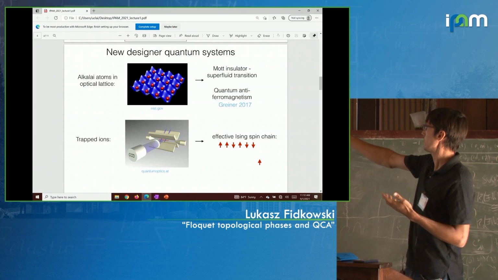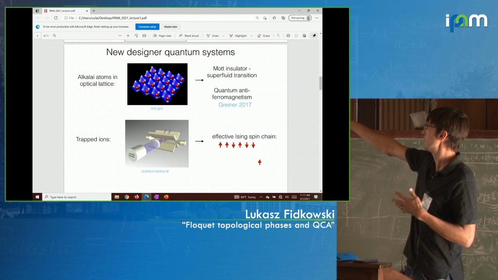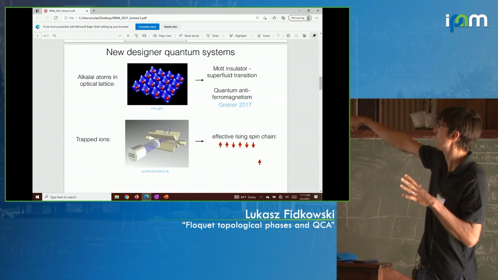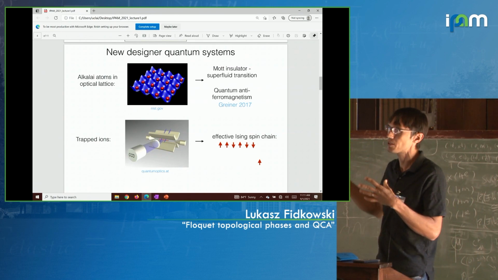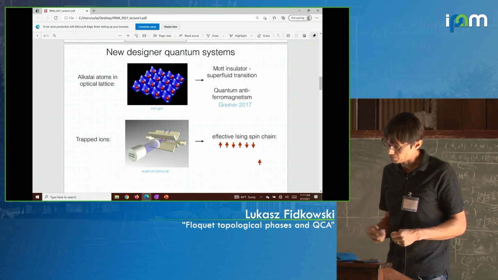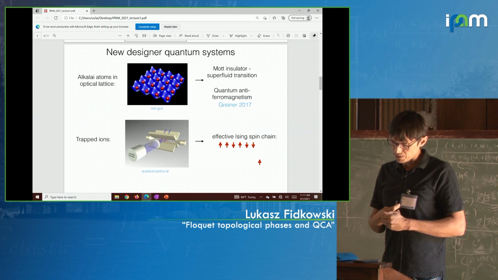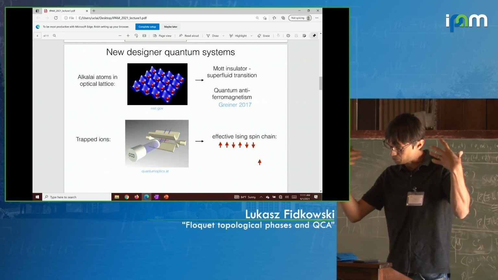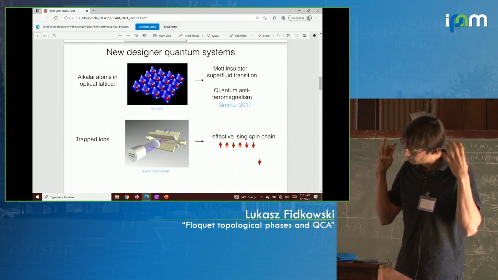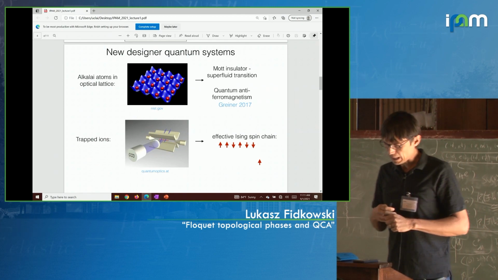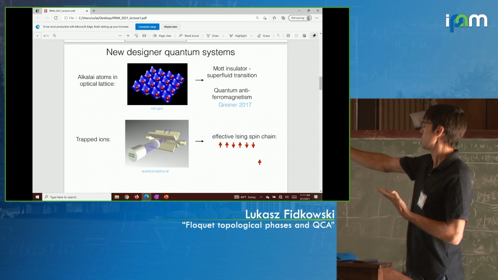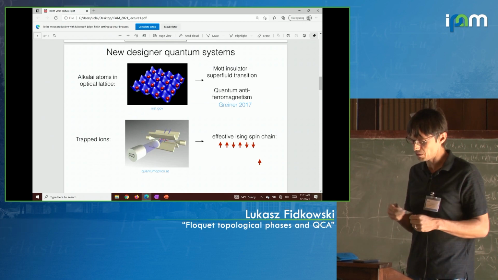And in fact, pretty early on, people saw you could realize a Mott insulator to superfluid transition in this kind of setting. So these have a lot of promise for many-body quantum phases. There are no extraneous degrees of freedom, no phonons, no lattice vibrations. So these are nice isolated quantum systems. Similarly trapped ions, another similar setting.